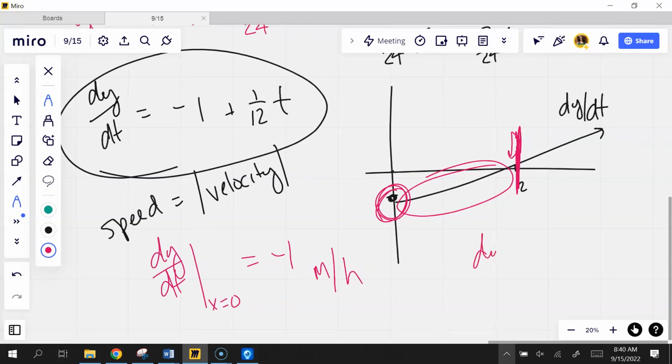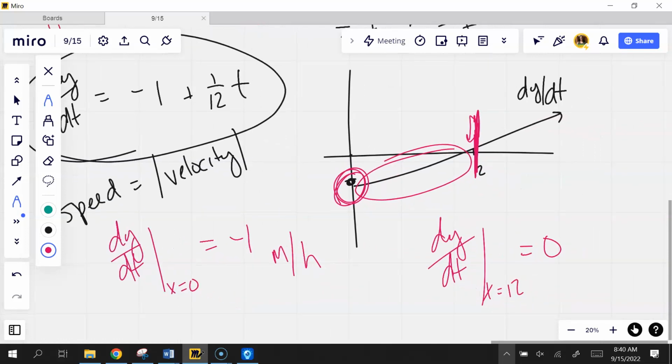What's the derivative at 12 and what does that mean? At 12, 0 meters per hour. It's done draining, right? Nothing's coming out anymore. Everybody good? We just graph them. The other would be a parabola.